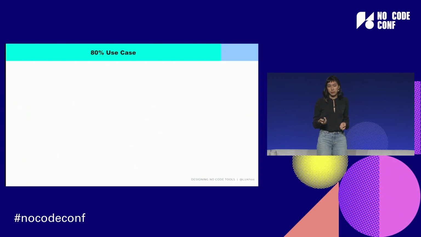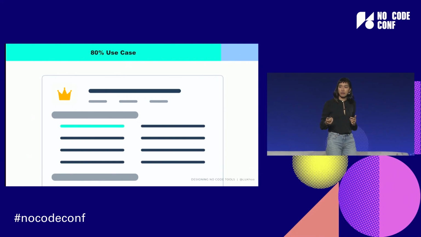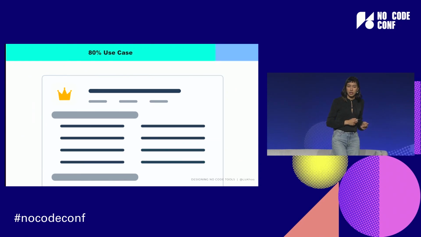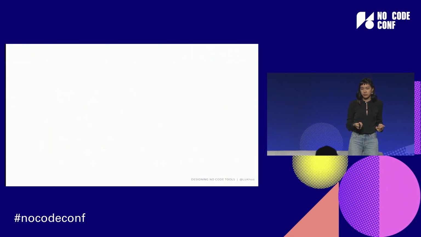And most of the time, what people wanted to have happen is that they wanted an automatic update to occur within a record. Right? If they updated one field, they would like to have automatically updates appear in another part of the field before the database save. And this use case could be served by roughly 20% of our tool's features.